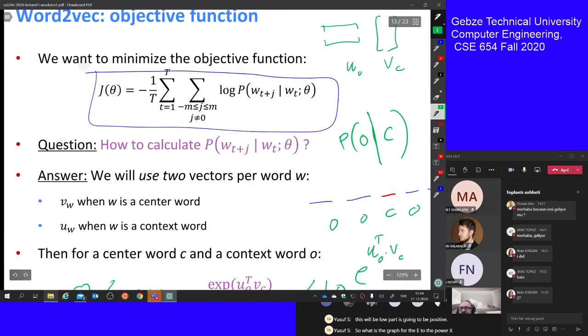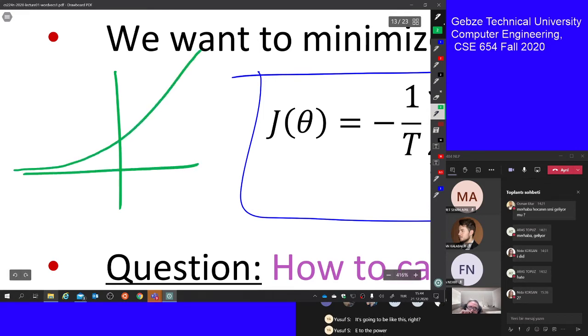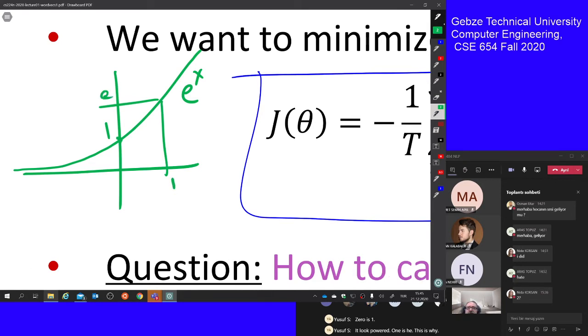It's going to be like this. E to the power 0 is 1. E to the power 1 is e. E to the power minus infinity is 0. It goes like that.